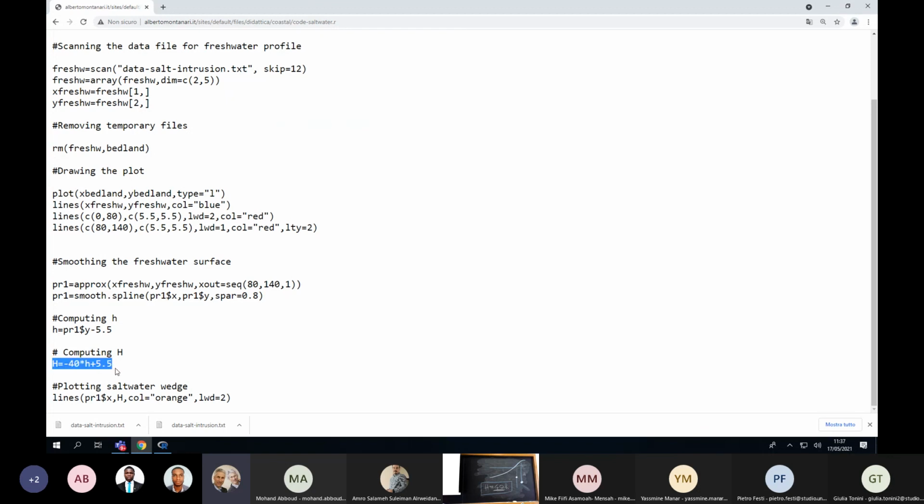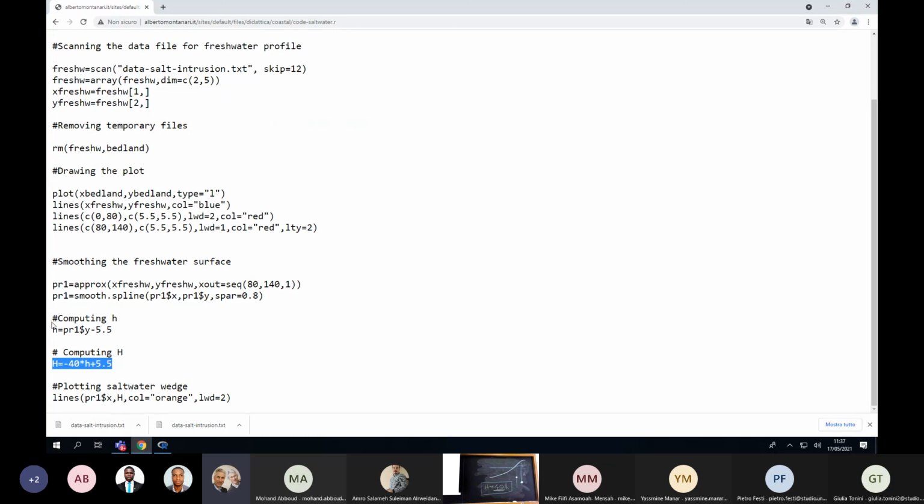here I am computing the h, which is given by 40, capital H is given by 40, as you remember, times lowercase h. And then I have to adjust to the altitude of the sea level.